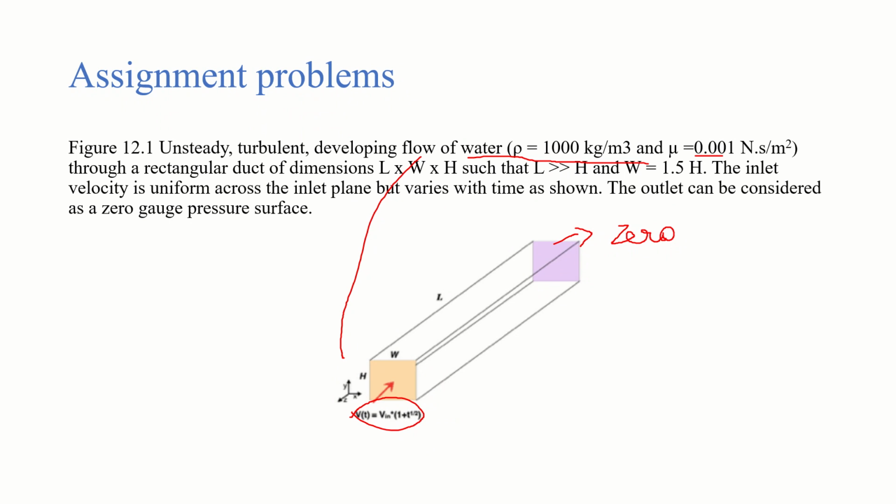So water is flowing through this rectangular duct. The length is very much larger than the height, and the width is 1.5 times the height. The velocity is not constant; it is uniform across the inlet plane, but it varies with time. And the outlet is 0 gauge pressure.